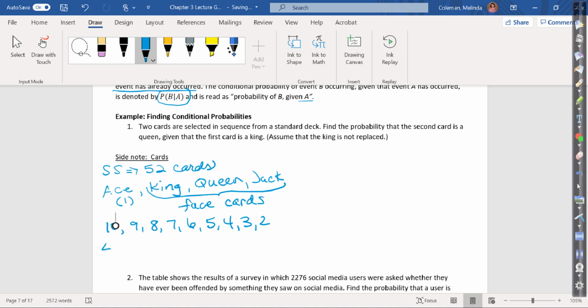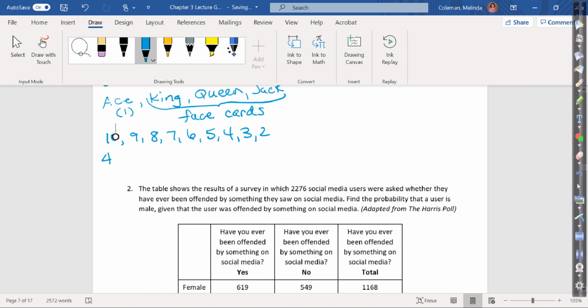Okay. We also have 4 suits. There are 2 red suits, which are the diamonds and hearts.